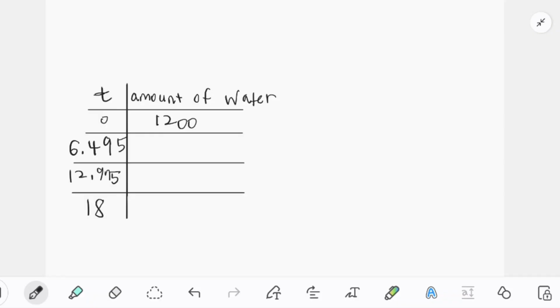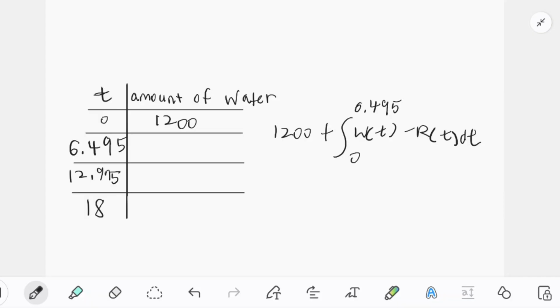To solve for the amount of water at t equals 6.495, we use the method from part B. 1200 plus the integral of W minus R from t equals 0 to t equals 6.495, which results in 525 gallons of water.